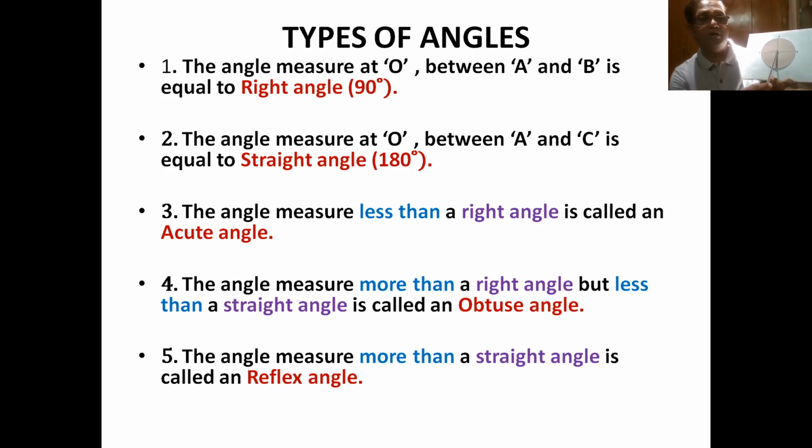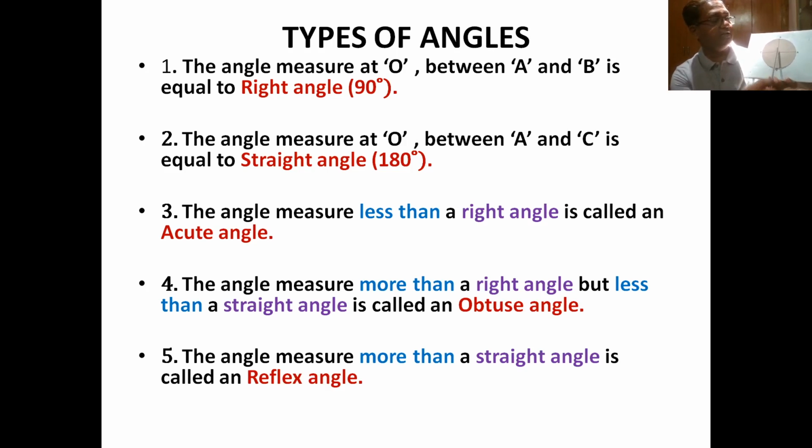This angle is called a right angle and its measure will be equal to 90 degrees. So once again, the angle measure between A and B at O is 90 degrees, and the angle measure between A and C at O is 180 degrees.